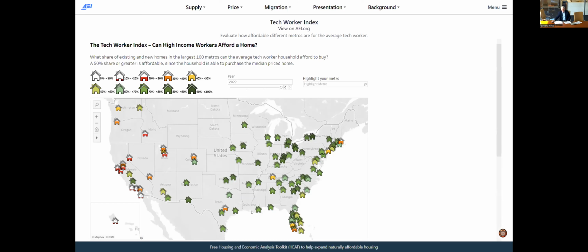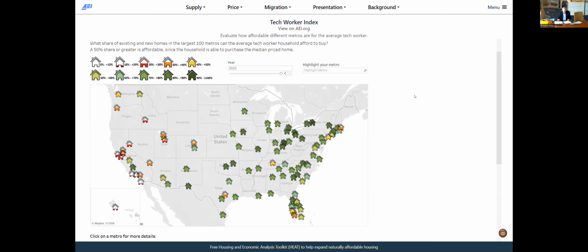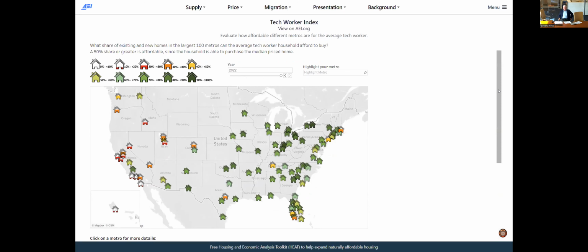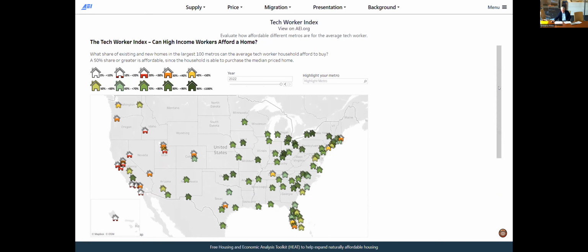And a question, somebody from North Dakota: can the last couple of slides on largest metros be created for smaller areas? So what, let's see, is that the tech worker index?